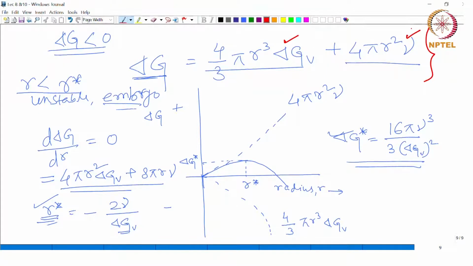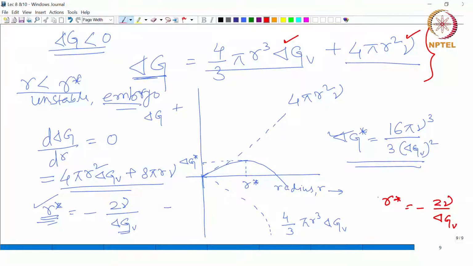So, from this we could derive the critical size R star, which is given by this gamma and delta G V, right.